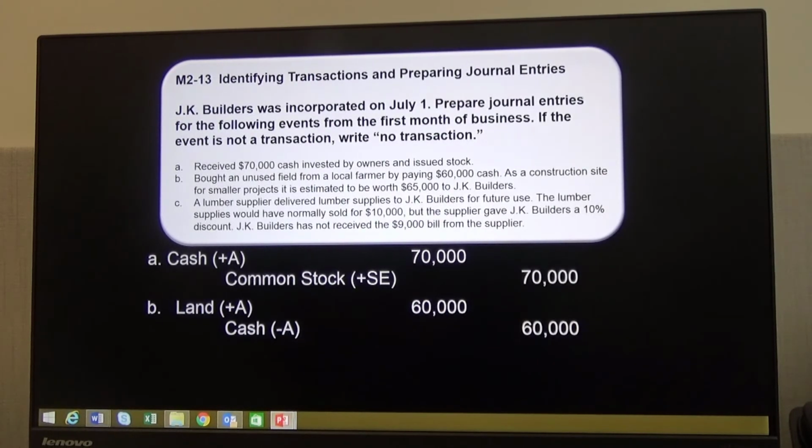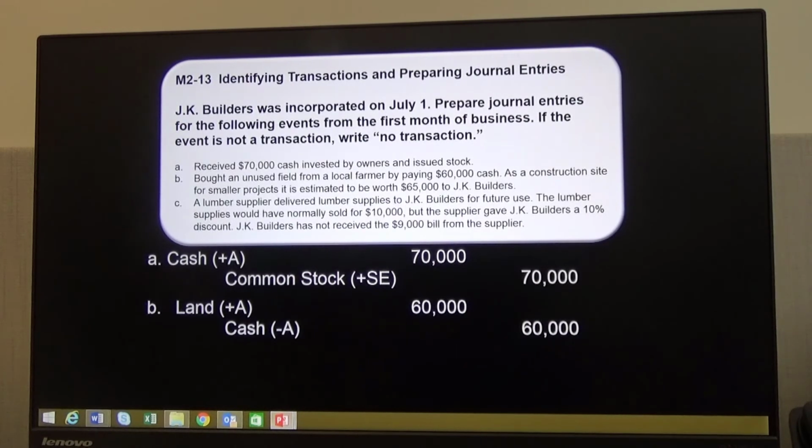And then letter C, the lumber supplier delivered lumber supplies to JK Builders for future use. The supplies would normally have sold for $10,000, but the supplier gave them a 10% discount. They have not yet received the $9,000 bill from the supplier. Again, we're going to record this for the amount that they are going to pay for it, so we're going to use the $9,000 amount here.